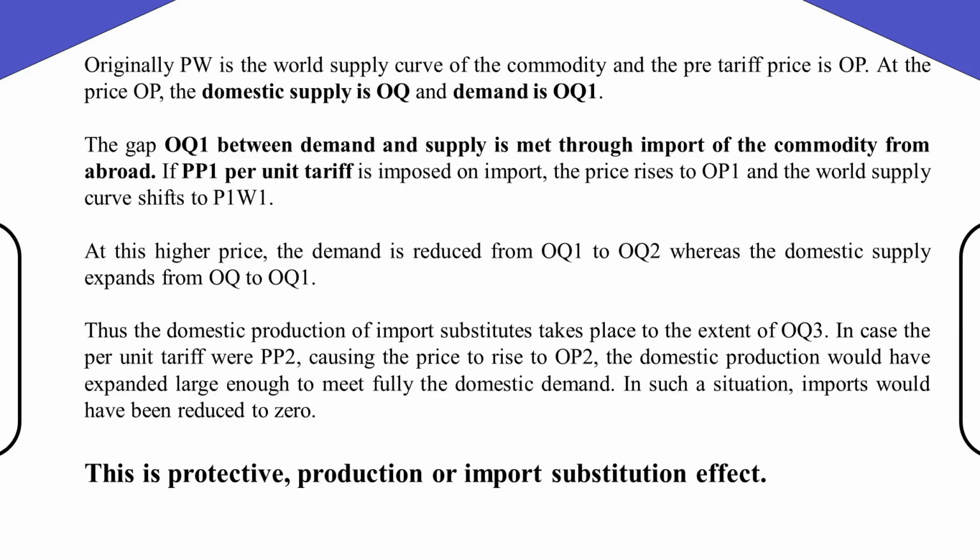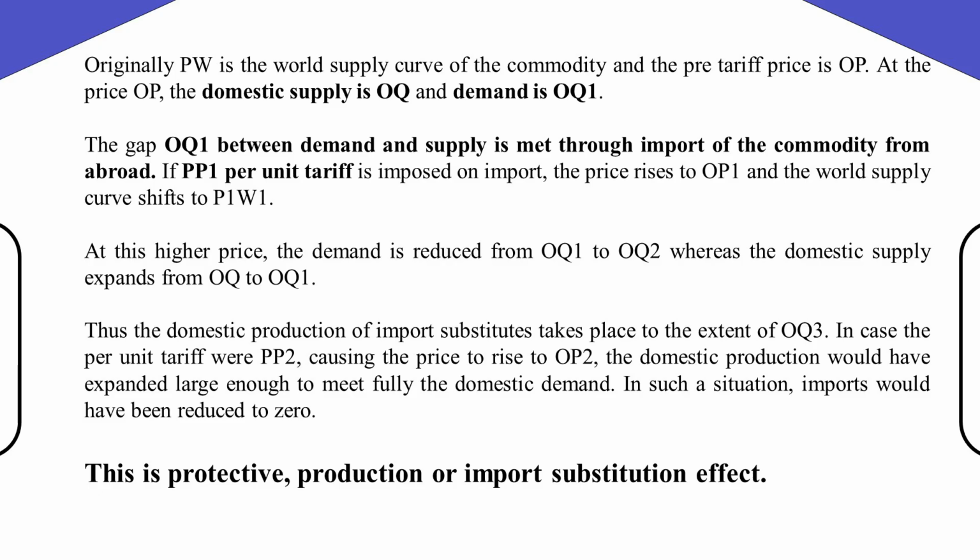Originally, PW is the world supply curve of the commodity, and the pre-tariff price is OP. At the price OP, the domestic supply is OQ and demand is OQ1. The gap QQ1 between demand and supply is met through import of the commodity from abroad.